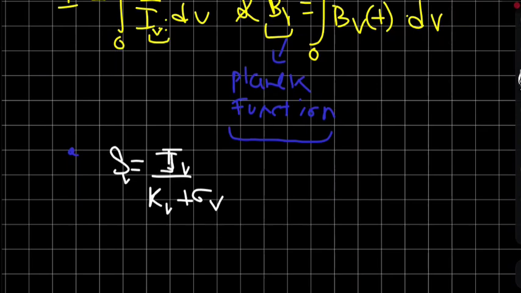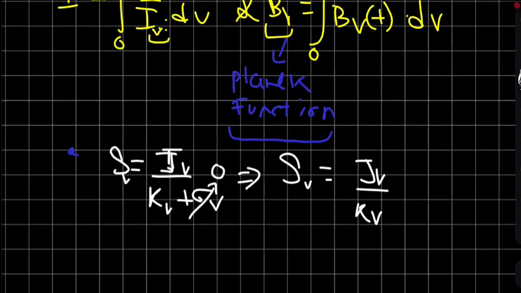But here in our Eddington's approximation, this scattering coefficient is 0. So there is no scattering of radiation in the stellar atmosphere, and this equals the ratio of the emission coefficient to the absorption coefficient.